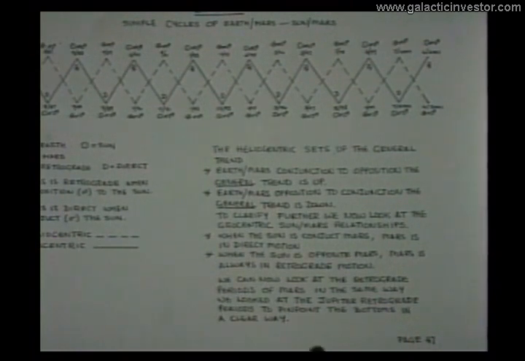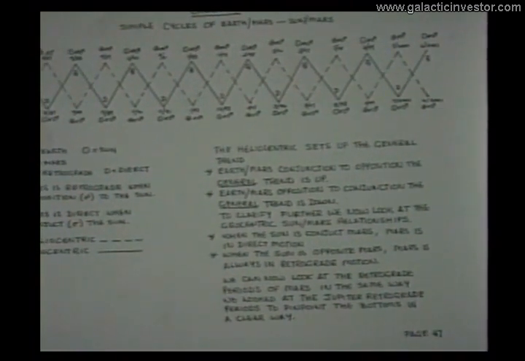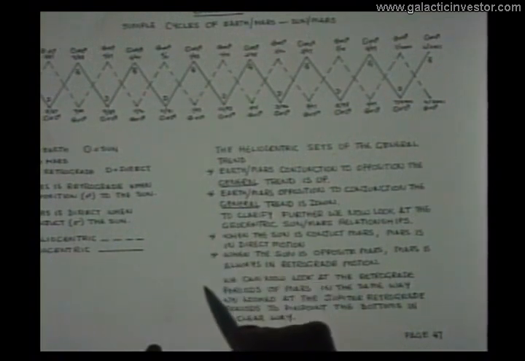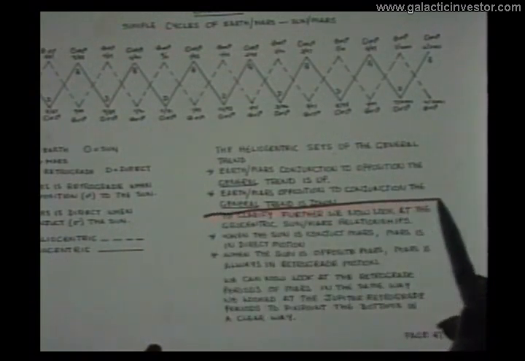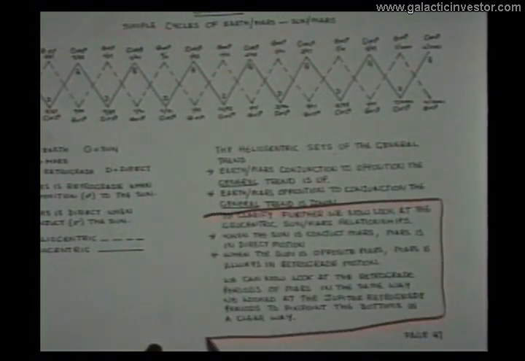This is the same chart we just looked at a little while ago, but what I have on here is information about Mars retrograde and direct. And this information on this chart just tells you that also at the time that Mars is retrograde, it tells you information just exactly as the Jupiter retrograde tells you information, just as this gentleman in the back asked us a little while ago.